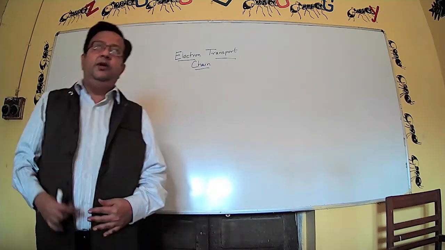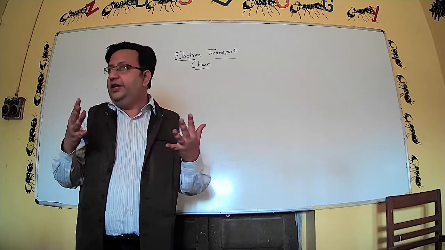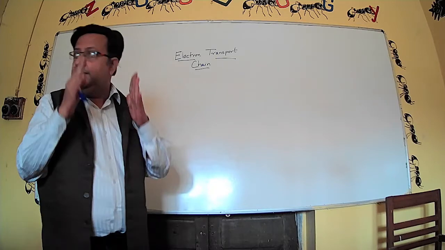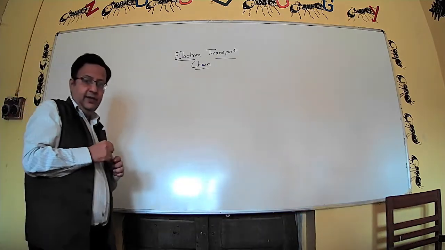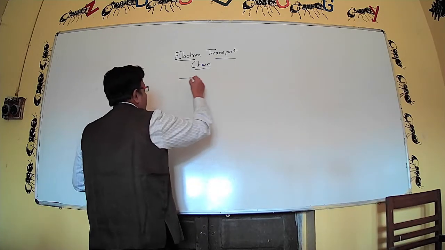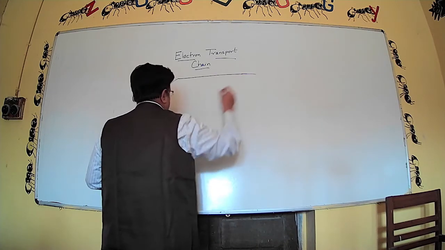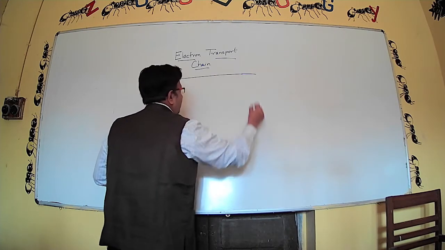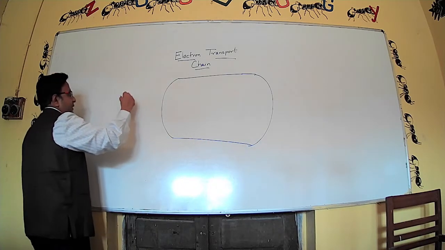As you may know, this electron transport chain is the source of a high amount of energy. And this high amount of energy occurs in this process, which takes place inside the mitochondria.